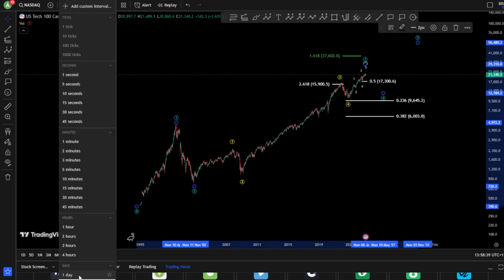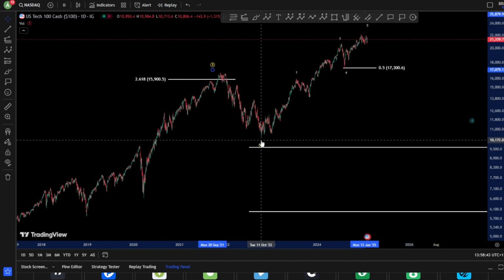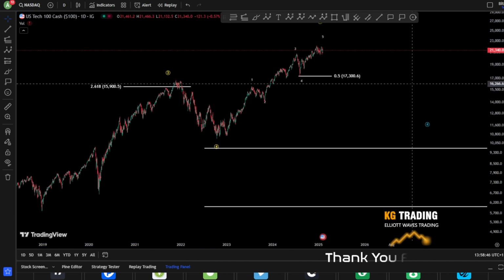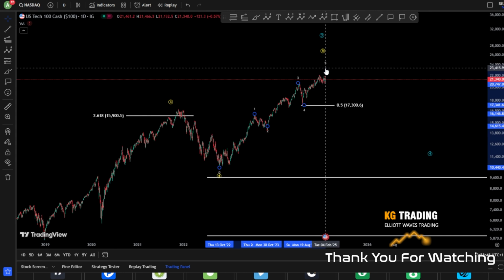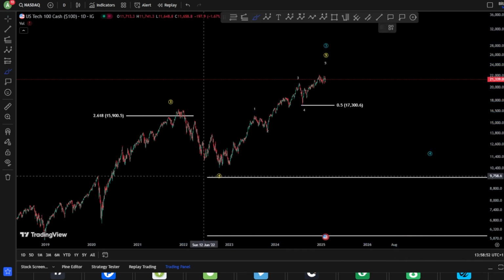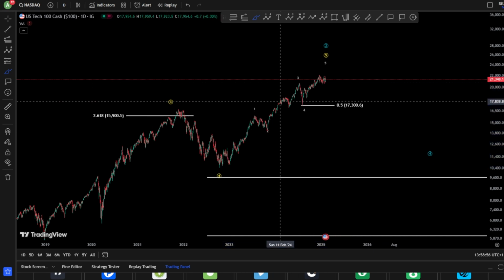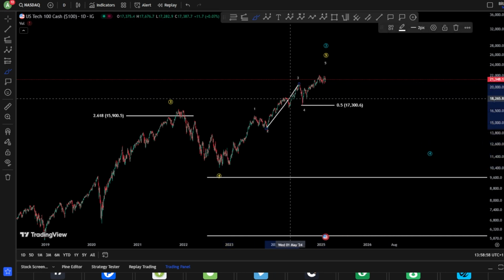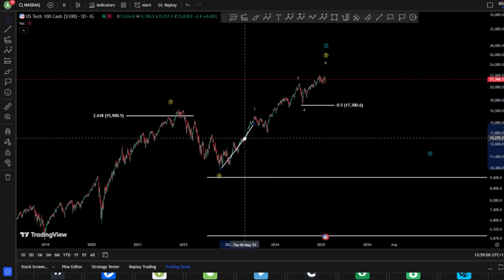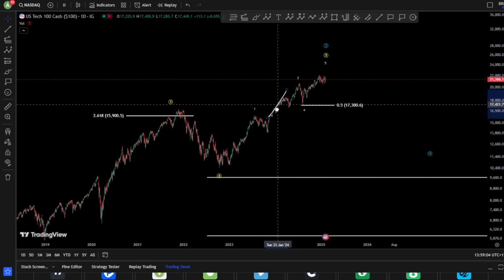Now, if we take a closer look at the daily chart in this wave 5, which is in the yellow count, we would like to estimate if we have topped for this wave 5 or not yet. As you can see, we have a very extended wave 1, 2, 3, 4, and a 5. Since your wave 3 is shorter than your wave 1, your wave 5 should be shorter than your wave 3.